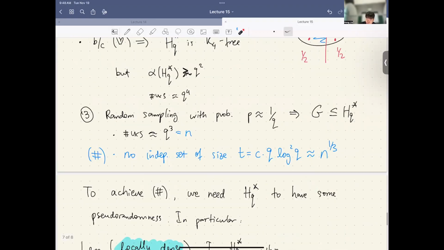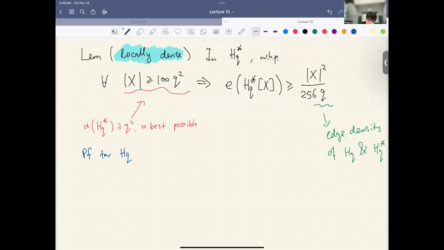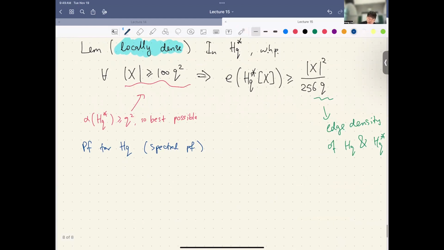This is a spectrum proof. Let's try to use a spectrum proof. So how do we prove it? It's not hard. It's known that for this graph HQ, the first eigenvalue, because it's a regular graph, is its degree, roughly Q cubed.